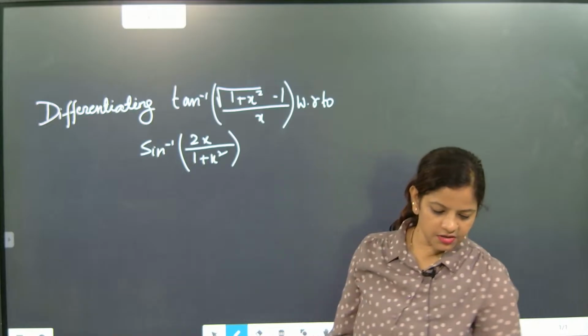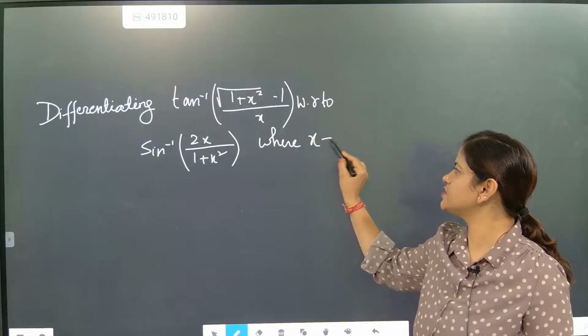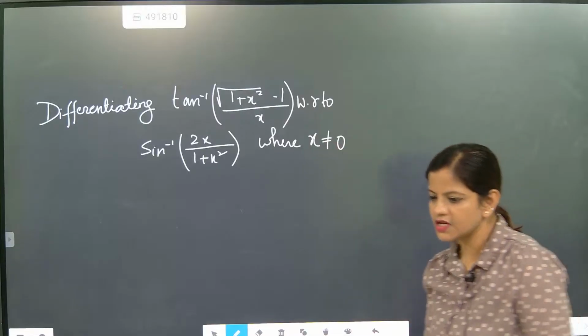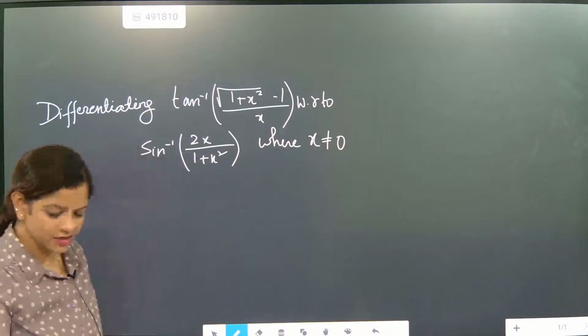This is a very good question, and here they are telling that x is not equal to 0. This is definitely a good question to solve, and they say this is a 5-mark question. Let's see.